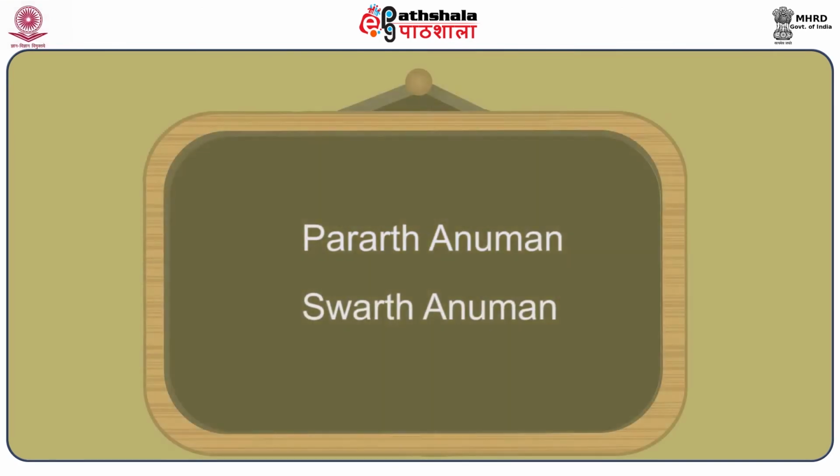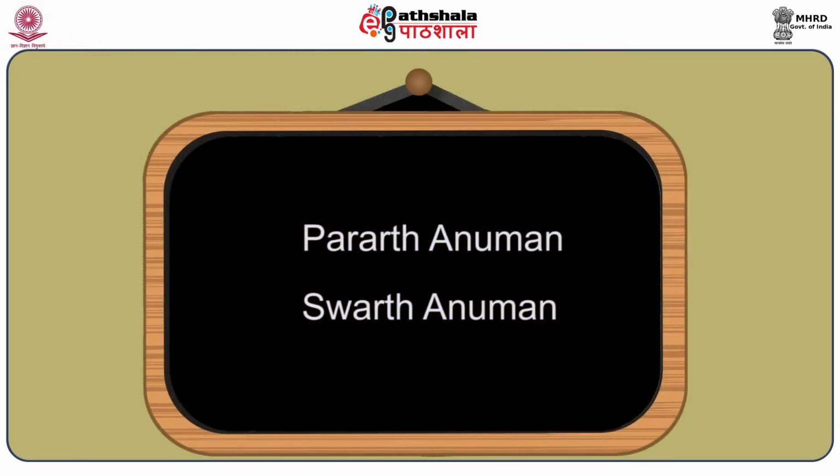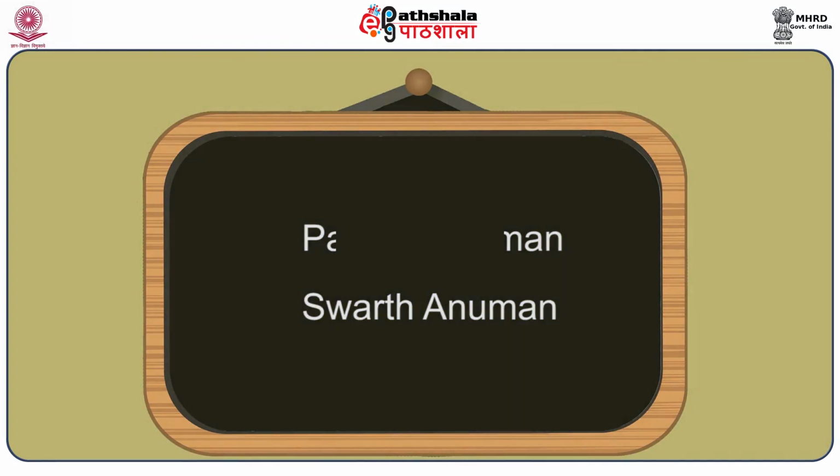We cannot infer about a particular thing without having any experience of it. And concomitance, or the invariable relationship between the reason and the inferable property, plays a major role in inferring a particular instance or knowledge. So the knowledge acquired through pararthanumana or svarthanumana is the valid knowledge.